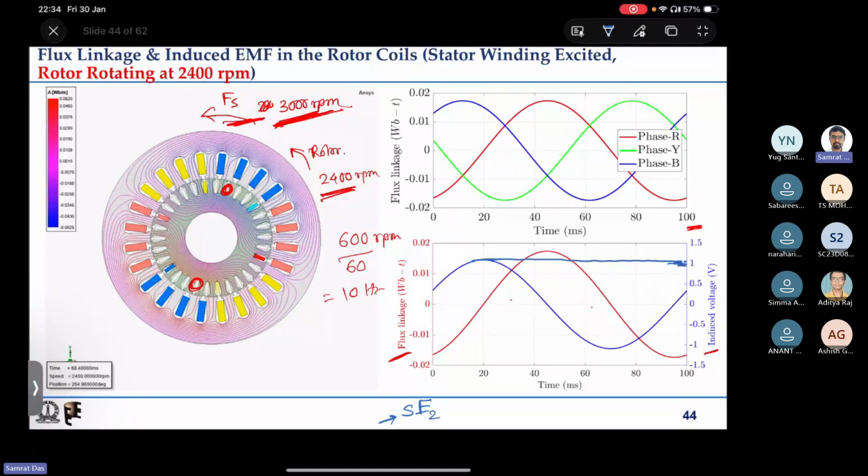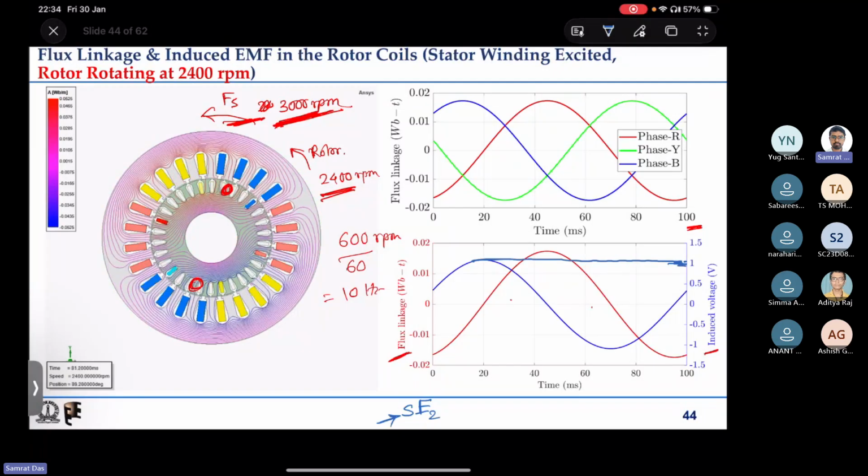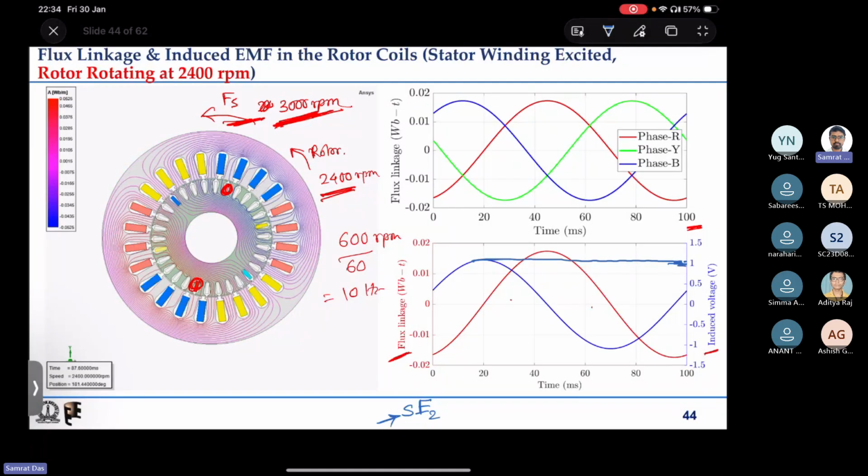But if the rotor is rotating at high speed with slip reducing, then the induced EMF will also start to reduce. And if the rotor rotates at exactly synchronous speed, then with respect to the rotor there is no rate of change of flux linkage, so S equal to 0 and the induced EMF will also become 0.